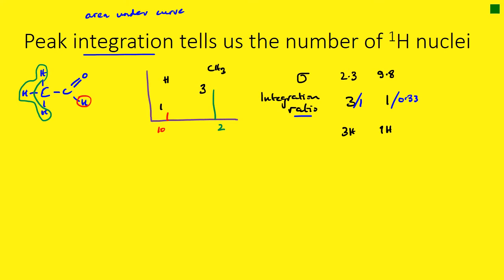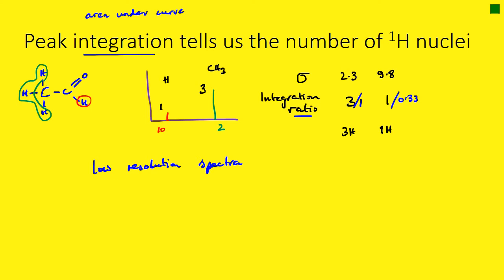Okay, that's peak integration. This actually involves looking at low resolution spectra. All right, so let's just write that out. This is for low resolution spectra. And as that would imply, you also get high resolution spectra.